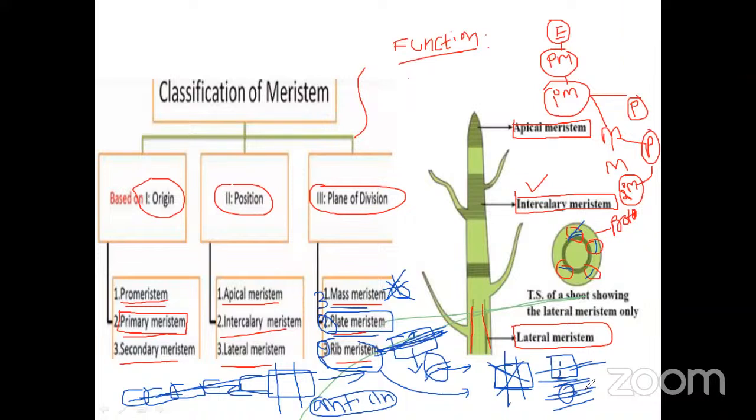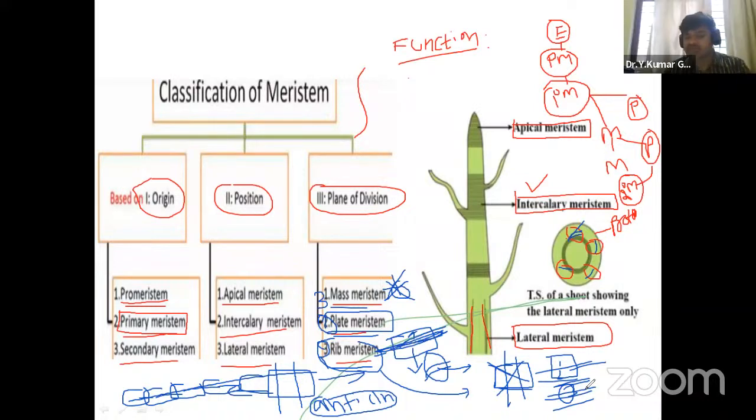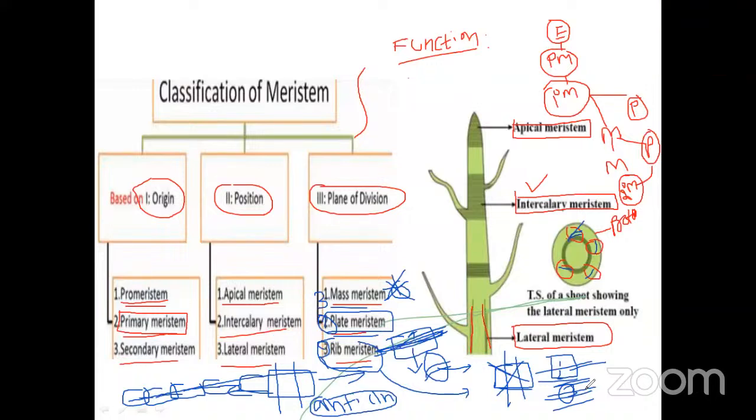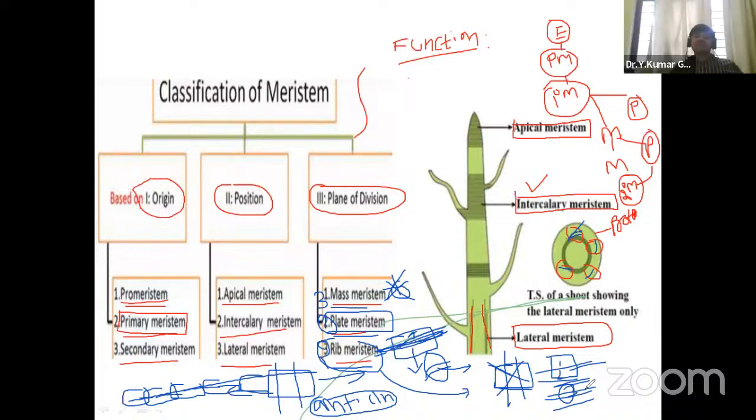Hypodermis, 2 to 3 layers. Next, cortex, 5 to 6 layers. All this is called the cortex region.